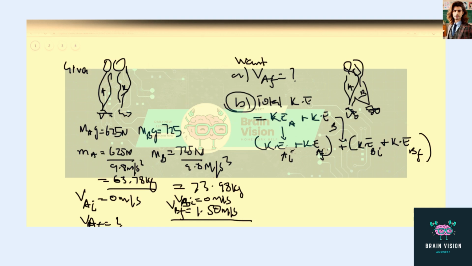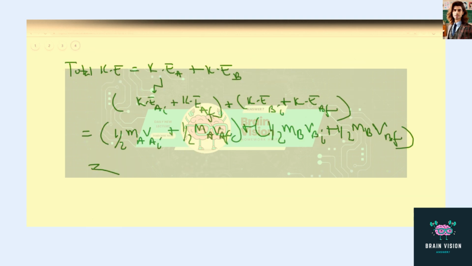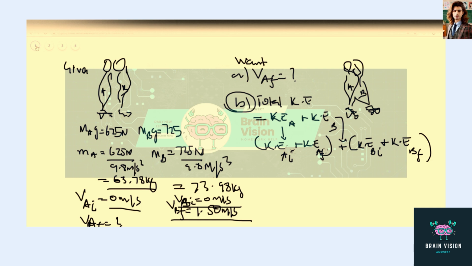That's what we have here. Remember, if you go back, for both cases the initial velocities were 0. So it seems like the total kinetic energy is just composed of the final kinetic energy of the two cases.